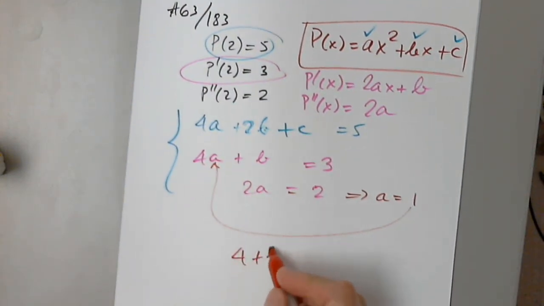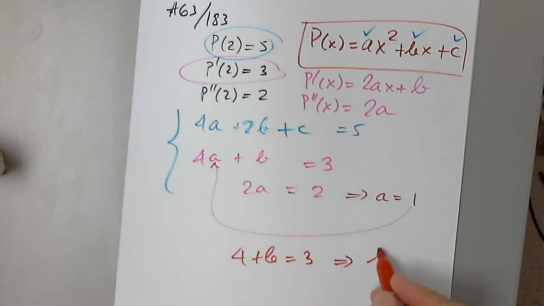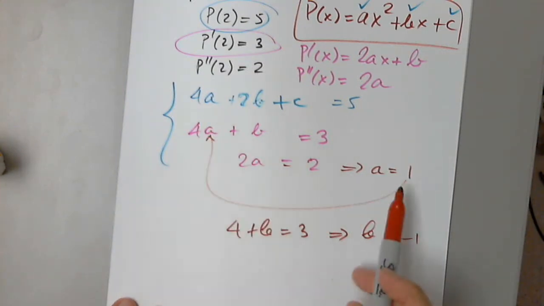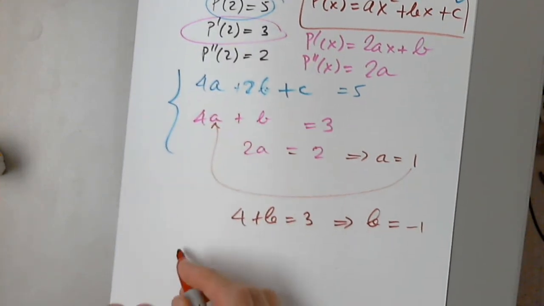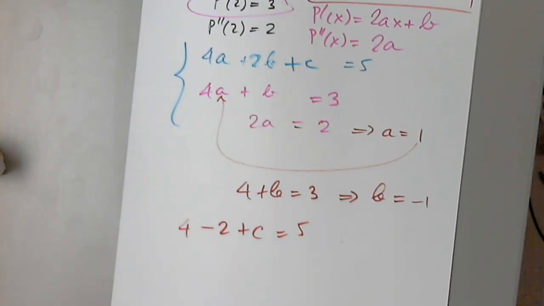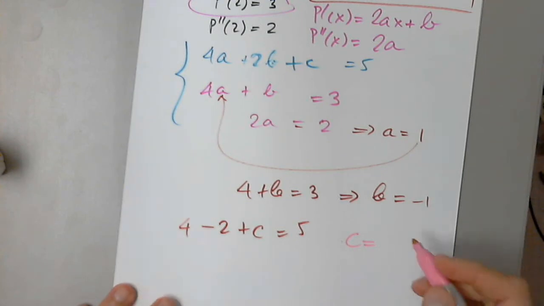So we have 4 plus b equals 3. So can anyone give us b? Very good. And now in the first equation, I'm going to replace a by 1, b by negative 1, and hope that someone will give us c. Very good.